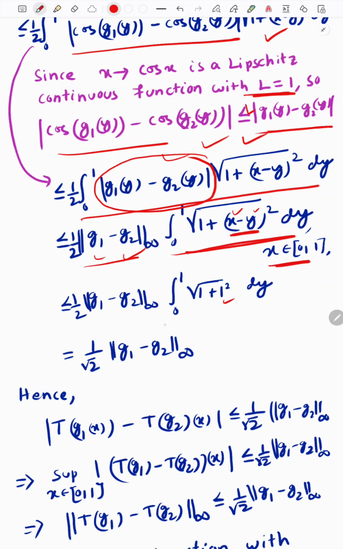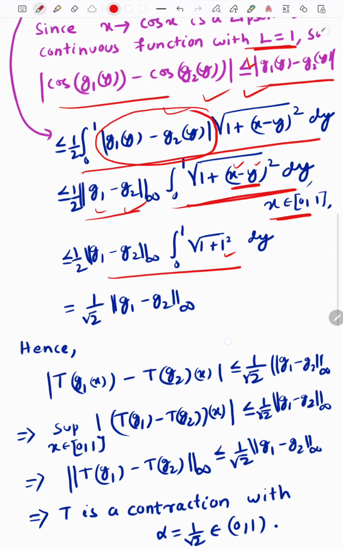So it can be dominated by this term. After solving it, we get root 2 in the numerator, and in the denominator there is 2, root 2 cancels, so it gives 1 by root 2. Therefore this term is dominated by this for every x belonging to [0, 1].